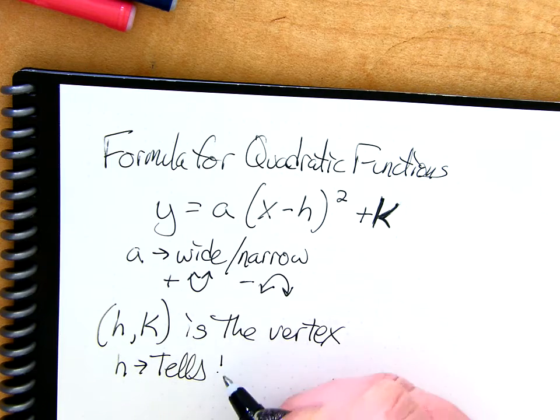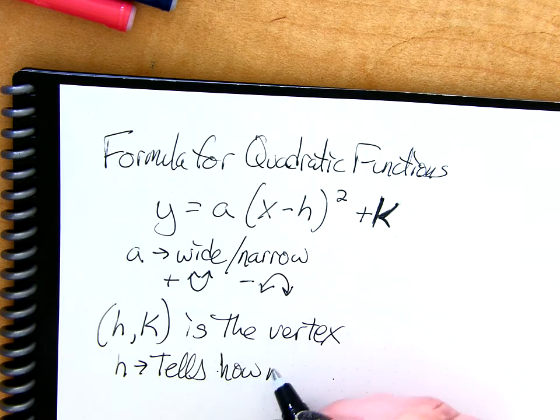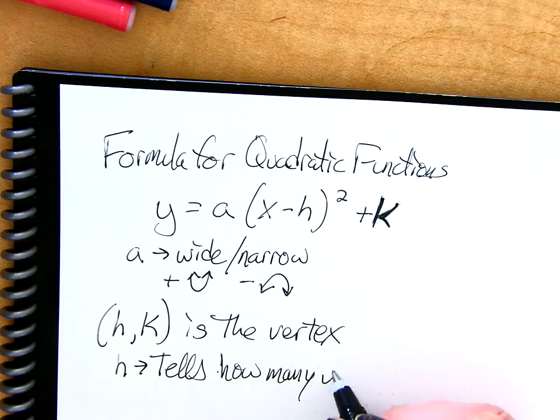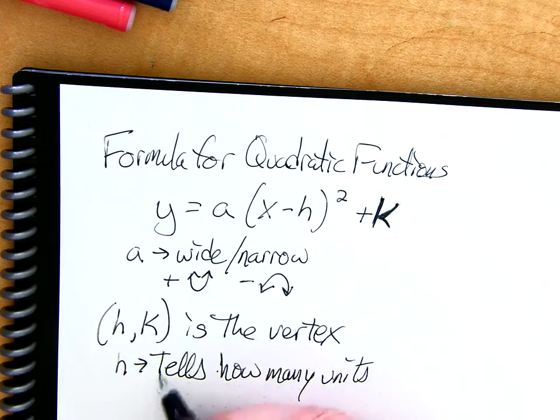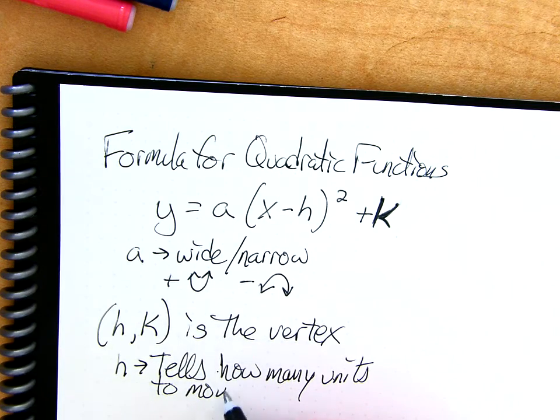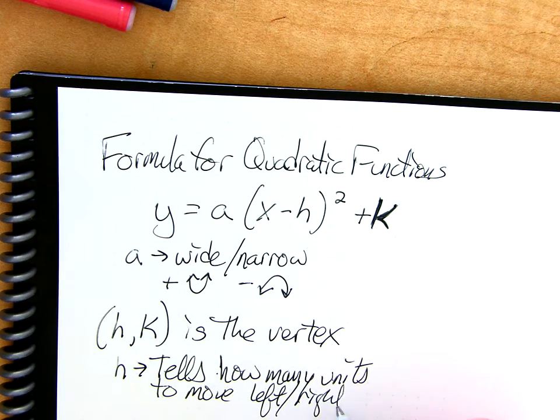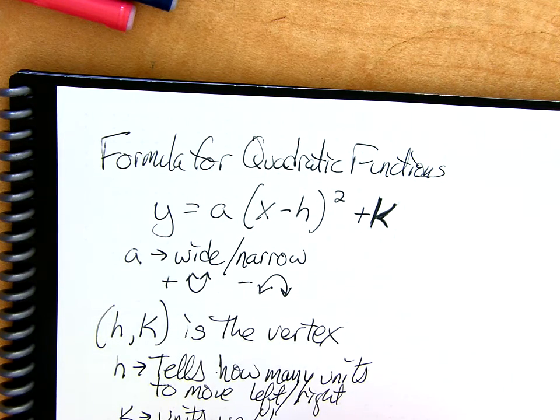H tells how many units to move left, right. And K is units up, down.